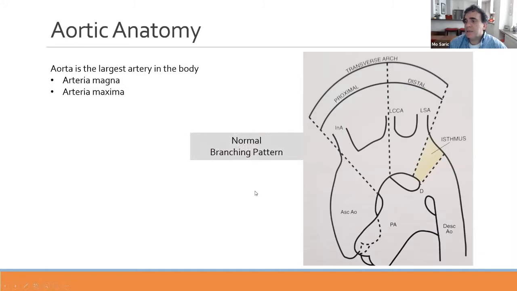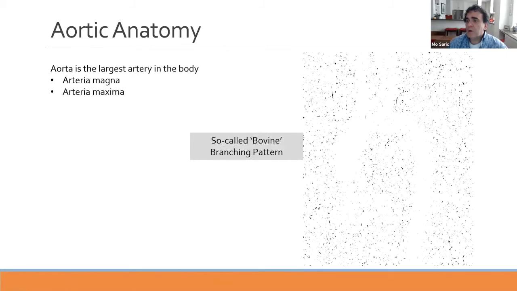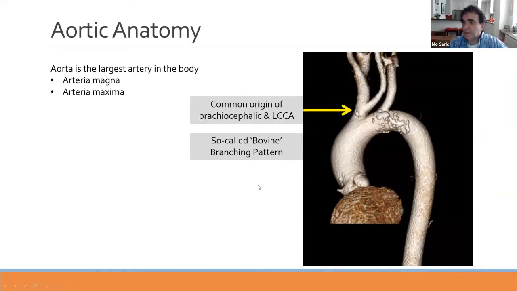The innominate artery or brachiocephalic artery, left common carotid and left subclavian represent a normal branching pattern. However, you will often encounter the term bovine branching pattern, in which the brachiocephalic and left common carotid artery have a common origin, while the left subclavian still originates on its own.